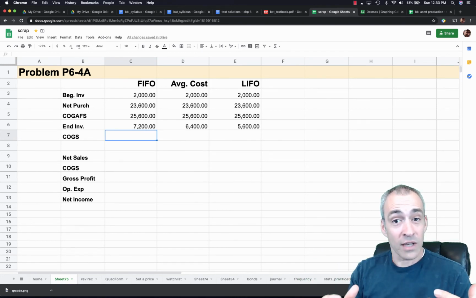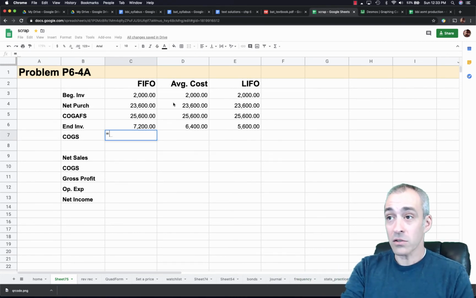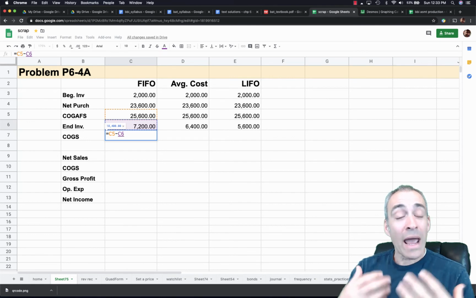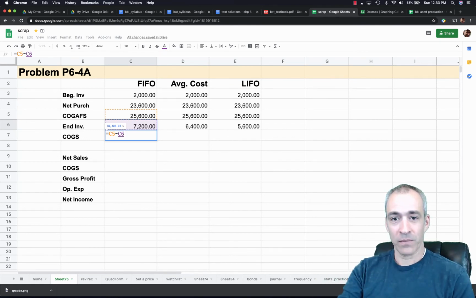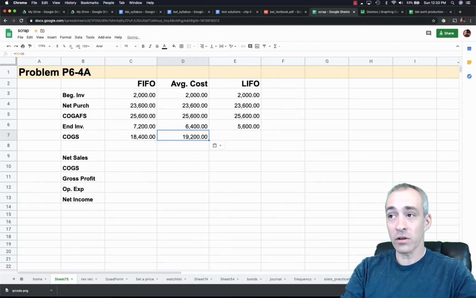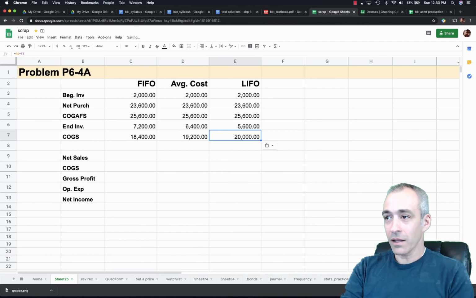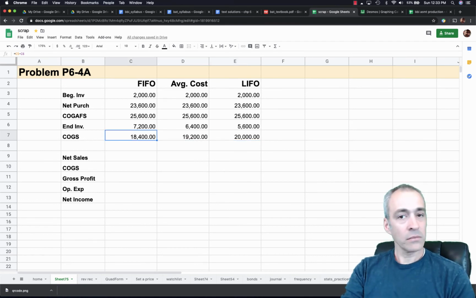So then the rest is not new. You should know how to do this calculation. Cost of goods sold is all that was available minus what you say your ending inventory is worth at cost value to you, right? So then that's 18,400 under FIFO, in between for average, and 20,000 for LIFO. And this obeys our rules, right?